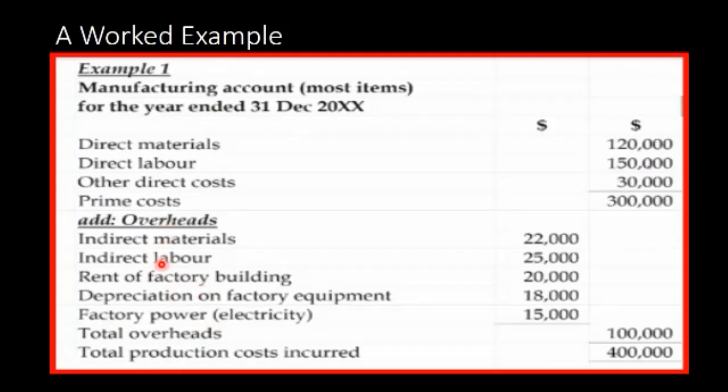And you cannot trace it to the product itself, but you can only trace it to the factory. So you have to allocate it to the factory, right? You cannot allocate it to the product up here. It's not prime cost. For the other direct costs, the problem you're working on will tell you it's a direct cost. Okay.